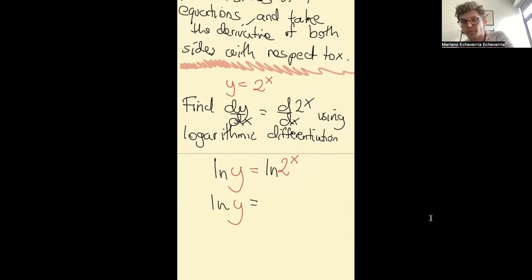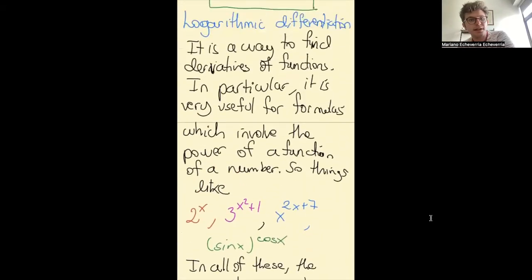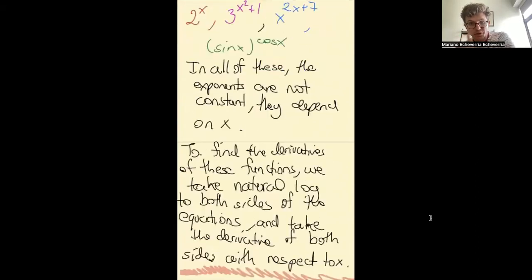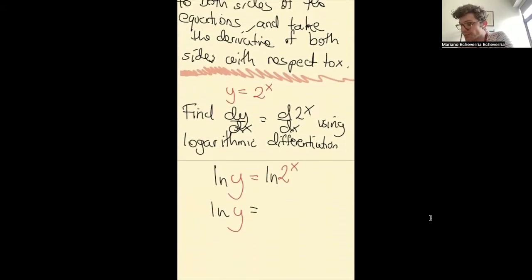If you look at the third property, the natural log of a power allows you to bring the exponent outside the natural log. In this case the exponent is x, so you can write x in front of everything: x times ln of 2. Is that making sense?